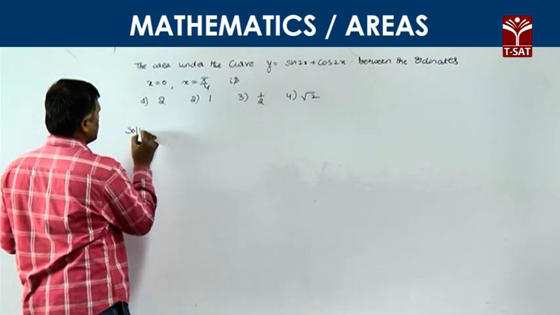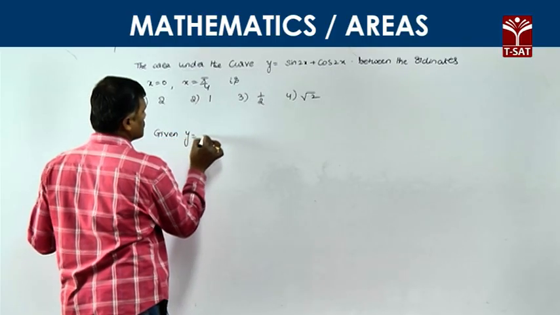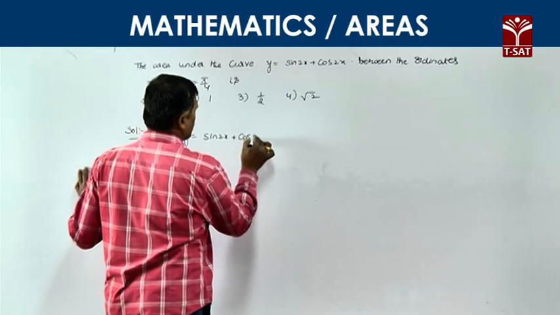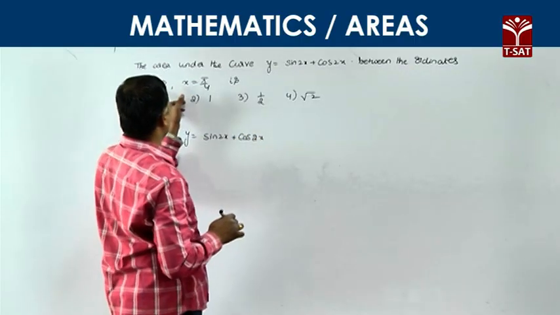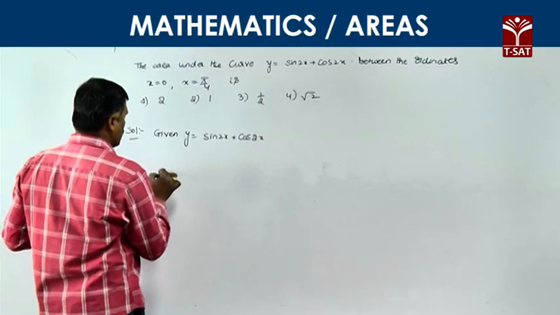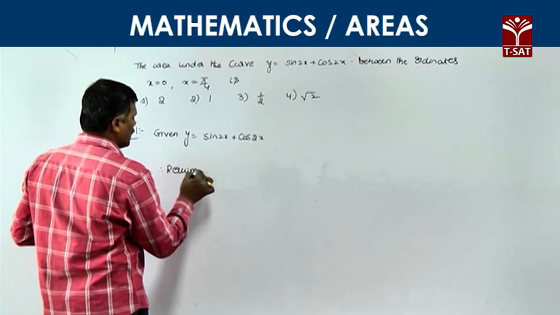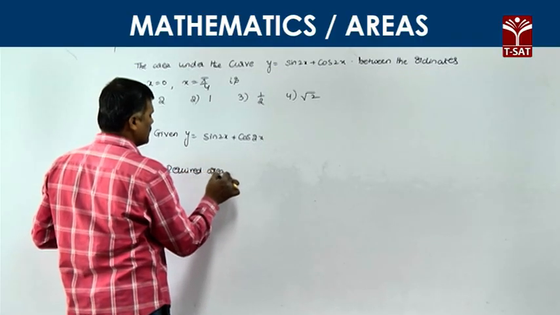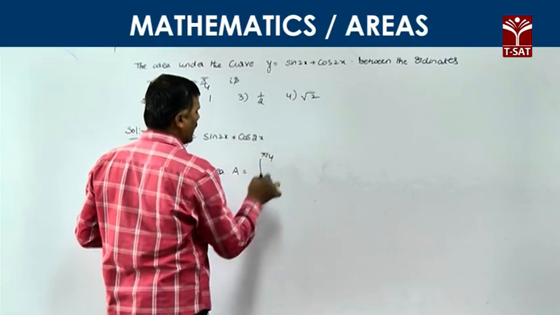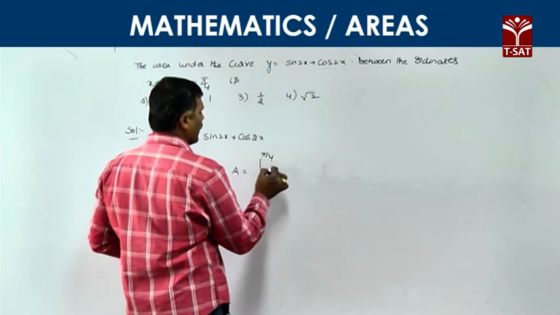The given curve is y = sin 2x + cos 2x, between the ordinates x = 0 and x = π/4. Therefore, required area A is the integral with limits 0 to π/4 of y dx, where x = 0 is one line and x = π/4 is the other.